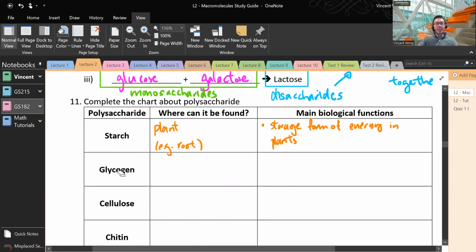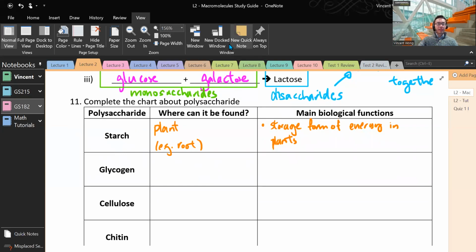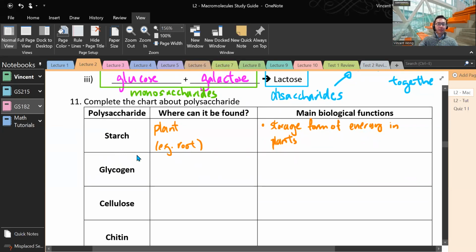Next one is glycogen. So where can we find glycogen? Does anyone remember where we can find glycogen? Yep, in animals, in the liver and muscle.